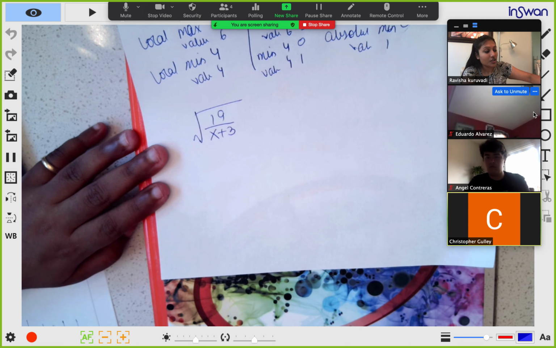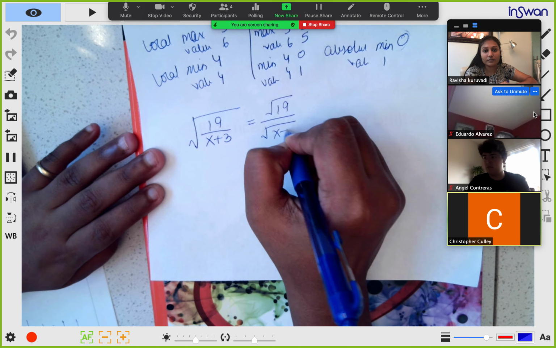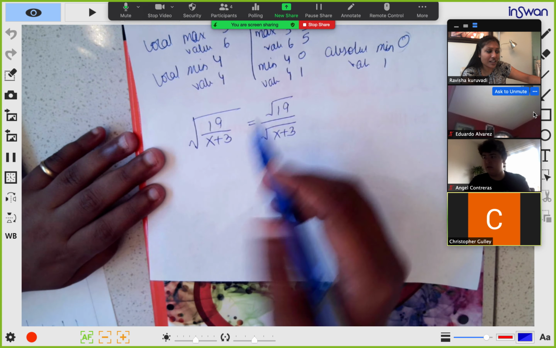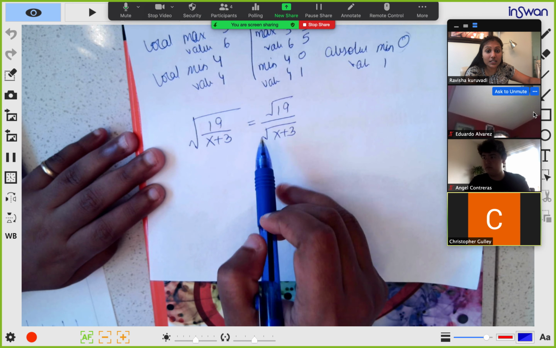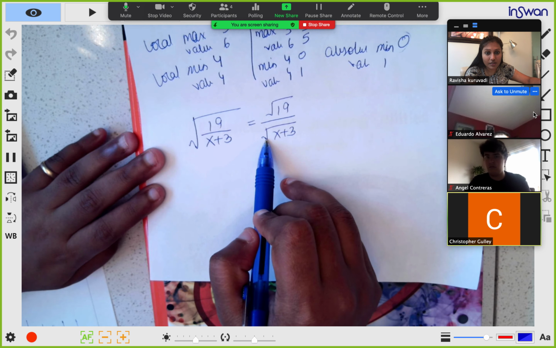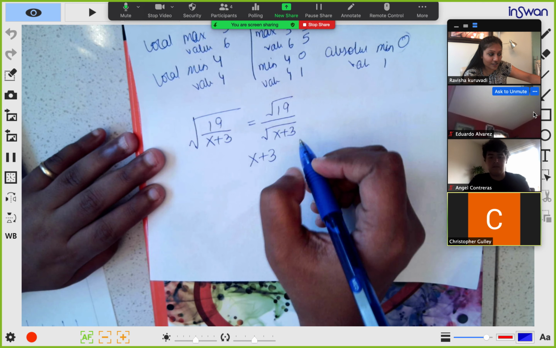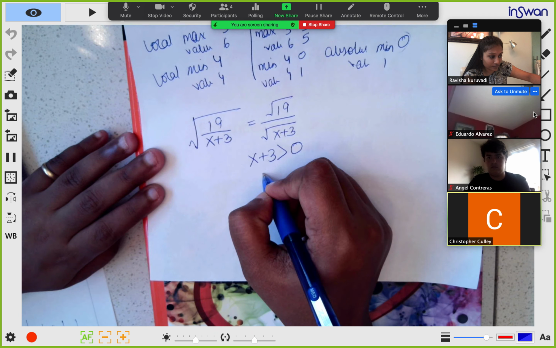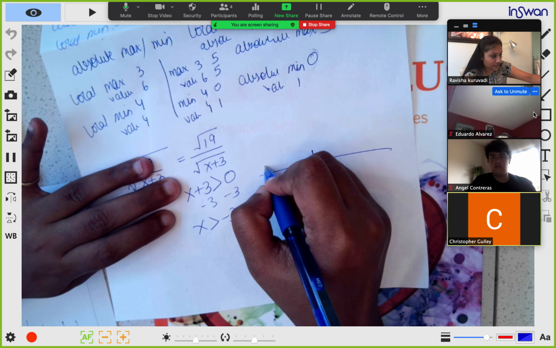Find the domain. Okay, so basically you can write it like this, separating the square root. In the numerator, the square root of 19 is just a constant number, I don't care about that. But we have a square root in the denominator. Whenever you have a square root in the denominator, what do you do? Is it less than 0 or greater than 0? Strictly greater than 0. Then solve. What do you get? Subtract 3 from both sides and get x is greater than -3. On the number line, negative infinity is here, infinity is here.